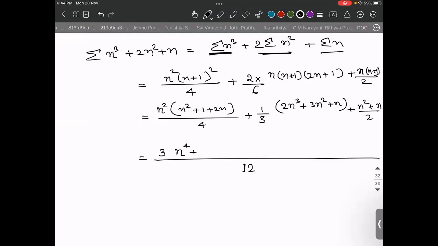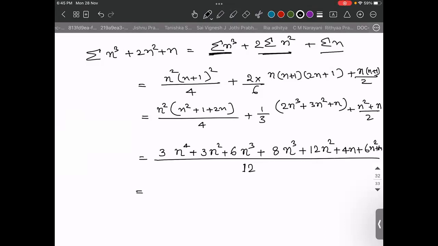n to the power of 4 plus... 3 times n to the power of 4, 3 times n square, plus 6 times n cube, plus you multiply it by 4: 8n cube plus 12n square plus 4n plus 6n square plus 6n.